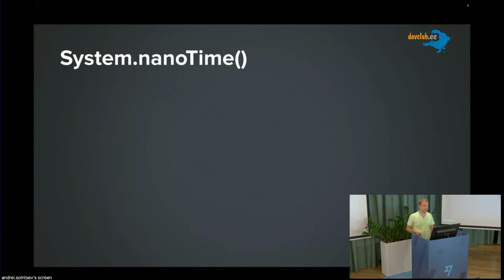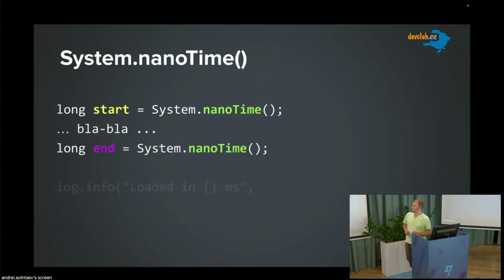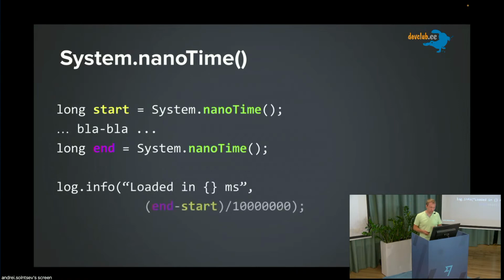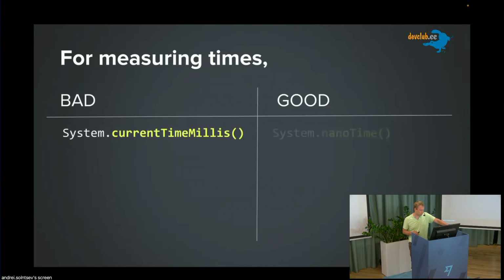This is a new method which was added in Java 6 probably, new for me. It does almost the same, but with one huge difference. It returns not milliseconds but nanoseconds, but that's not important. What is really important is that currentTimeMillis returns the actual date.